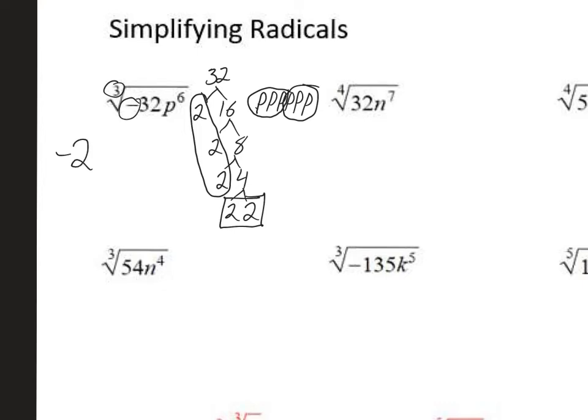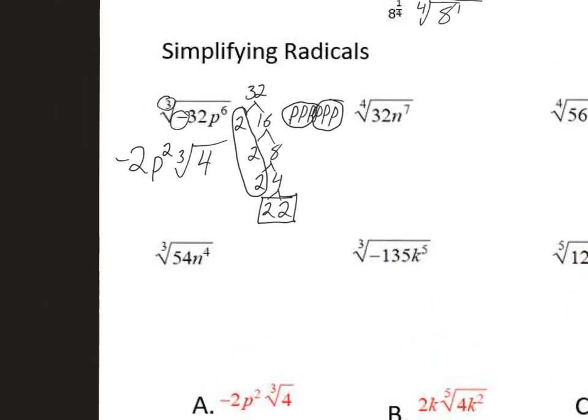So I have a -2, and I only have 1 circle, so I have 1, 2. And then p, how many circles of p's do we have? 2 of them, so p squared. Third root of what is left over in my boxes. So I have 2 and 2. What's 2 times 2? 4. So that tells me that my answer is going to be A.